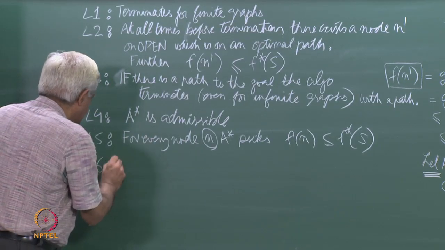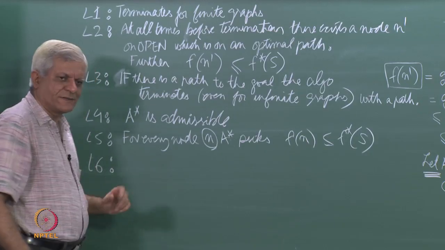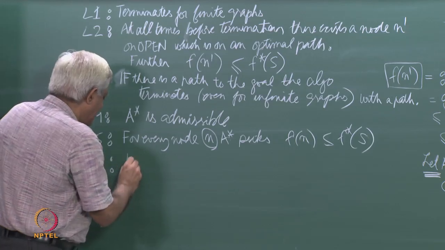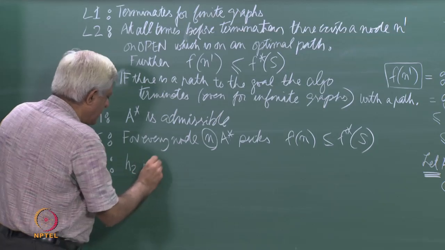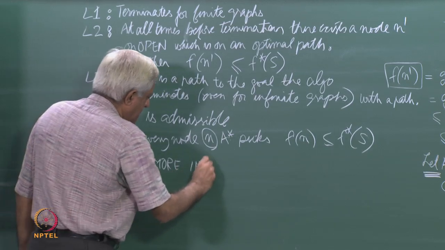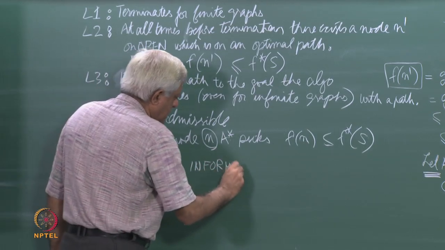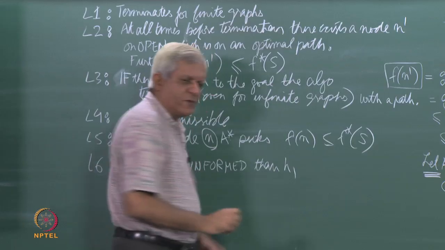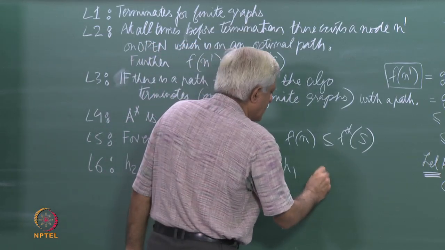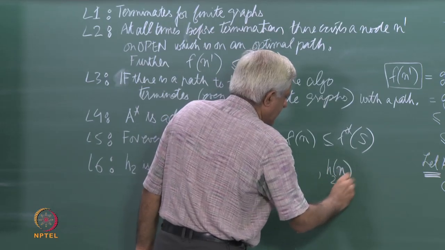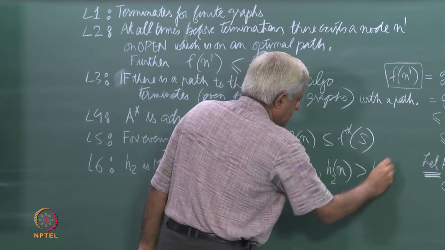L6 is a question that I am interested in. So, let there be two functions. We say H2 is more informed than H1 if for all nodes n, H2 of n is greater than H1 of n.